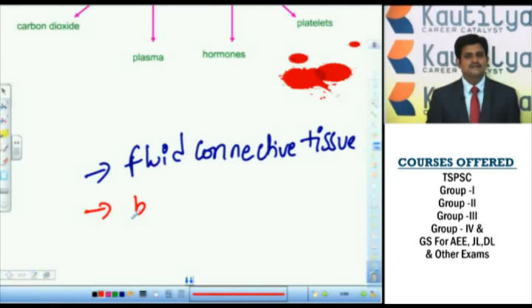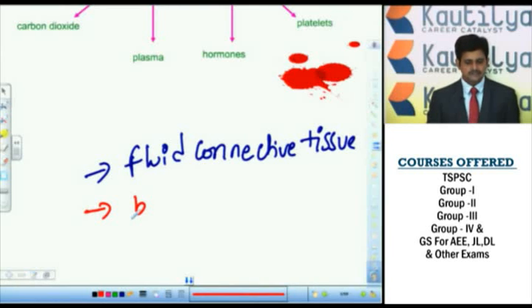This blood will transport substances from one part of the body to the other. I told you that the circulatory system is like a proper channel and blood is like a transport vehicle. In these circulatory channels, blood will travel from one place to the other. So it acts like a vehicle transporting different types of products from one part of the body to the other part.